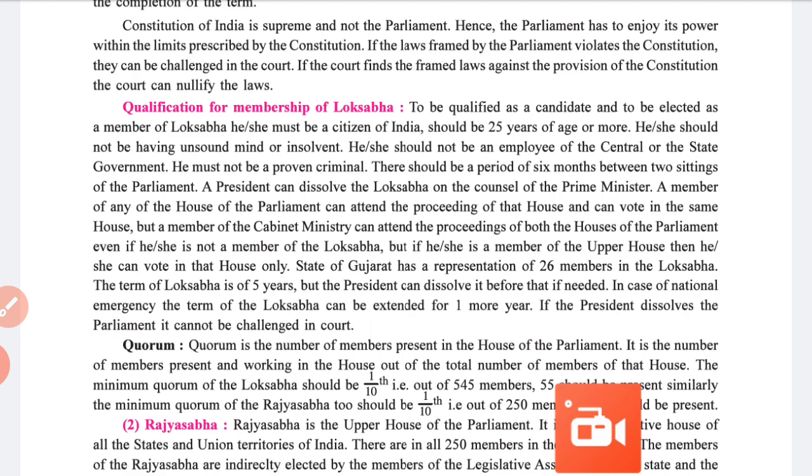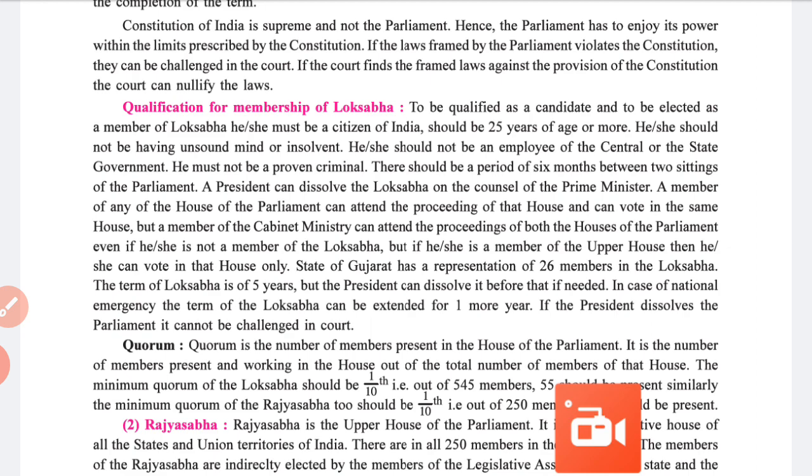Underline: there should be a period of 6 months between two sittings of Parliament. The President can dissolve the Lok Sabha on the advice of the Council of Ministers headed by the Prime Minister.